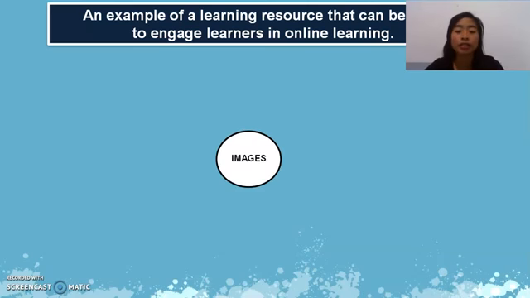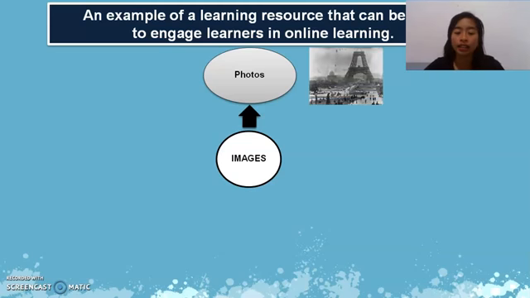There are several resources, but I'll choose images, because through images the learner tries to observe and does not really force themselves to understand the material. I think from images, it's easier to understand. Examples are photos.